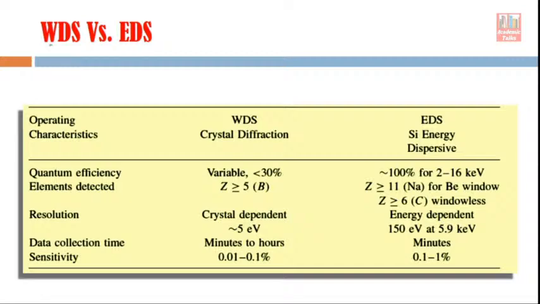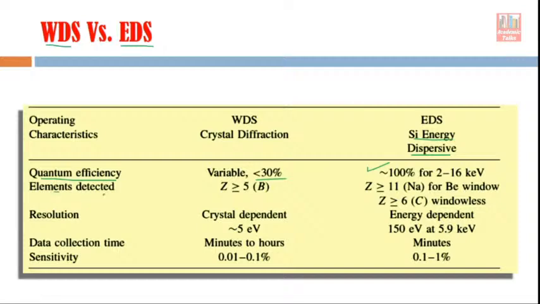So here we are comparing WDS, the wavelength dispersive spectrometer, and the energy dispersive spectrometer. If we talk about the quantum efficiency, the quantum efficiency is higher in case of EDS, while in case of WDS it is less than 30%.